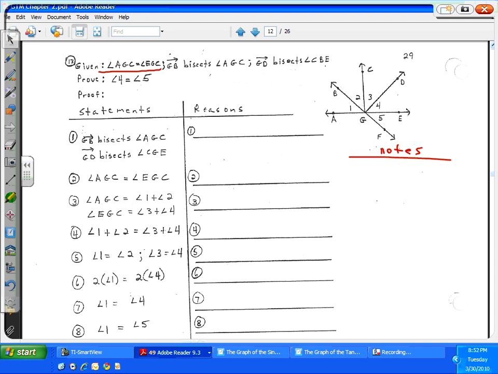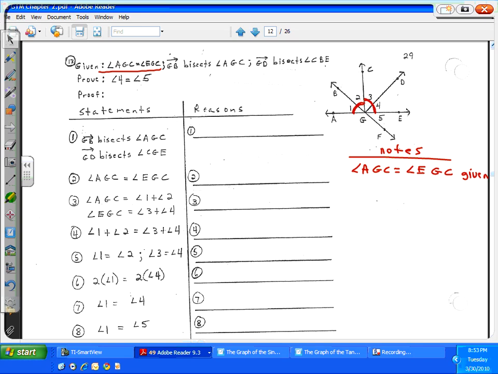It says angle AGC, that's this angle from here to here, is equal to angle EGC. That's this angle from here to here. So we mark that. Angle AGC equal angle EGC.